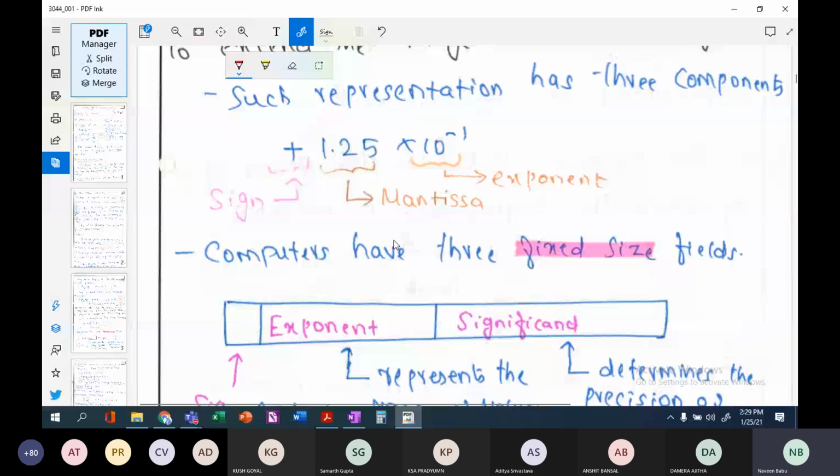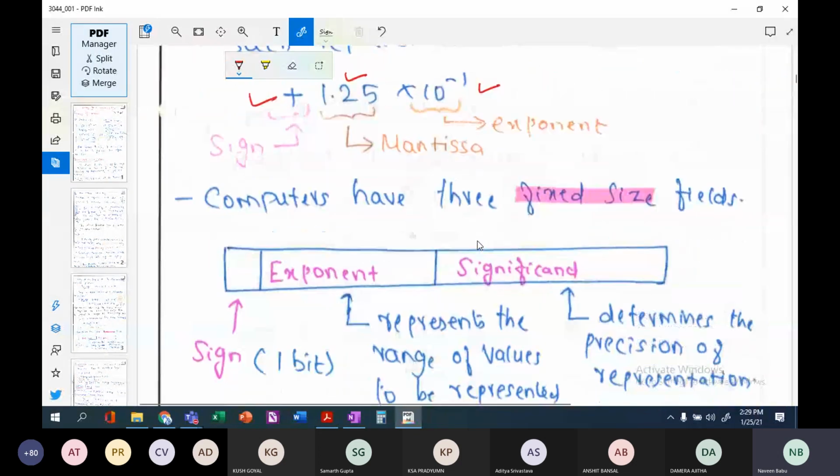This means your computer will understand what is a sign, what is a mantissa, and what is an exponent. Likewise, your registers will have fixed fields. There will be three different fixed fields: one to represent the sign, one to represent the exponent part, and the other to represent the significant part. This is your mantissa part, and normally they will have a range also.